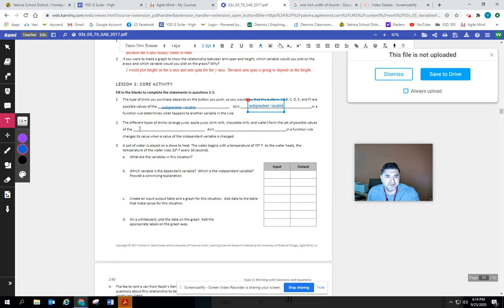And we'll move on to number 2 here. It says the different types of drinks, orange juice, apple juice, skim milk, chocolate milk, and water form the set of possible values of the, well, this one here is independent, and these here are the results of the independent. So we're going to say that this is dependent.